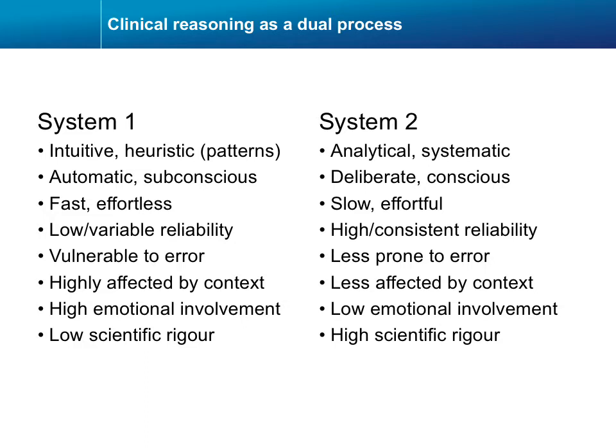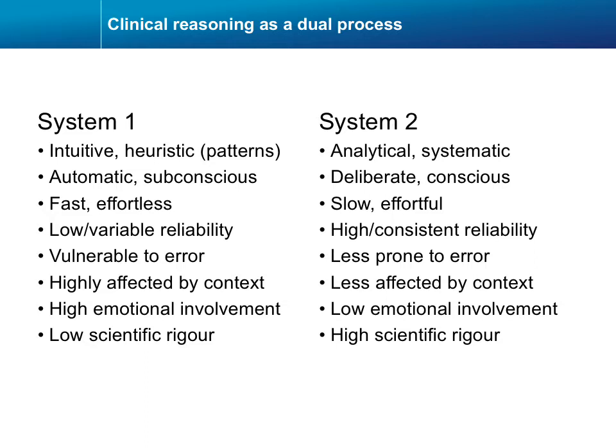The cognitive effort involved is too great, and one of the remarkable abilities of the human brain is to be able to relegate things that we've learned to autopilot, to free up cognitive energy. So with a bit of learning and experience, we can start to do things automatically, and that's what experts do all the time.